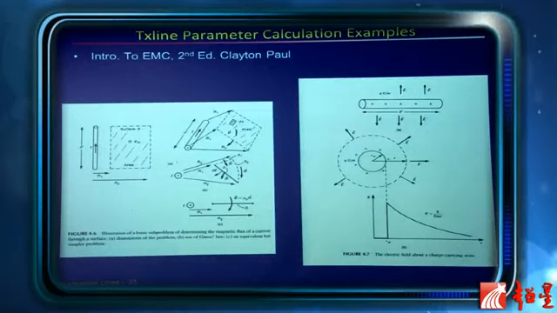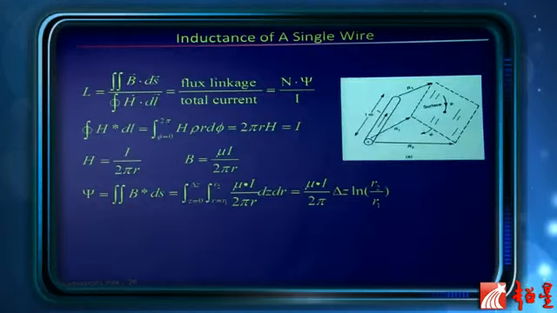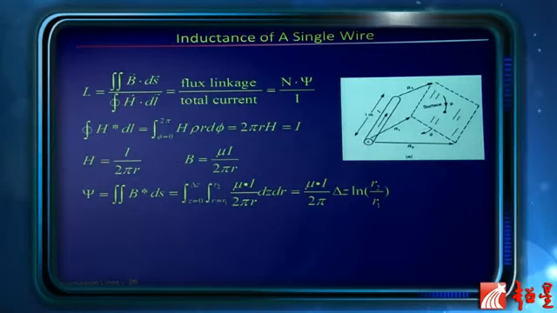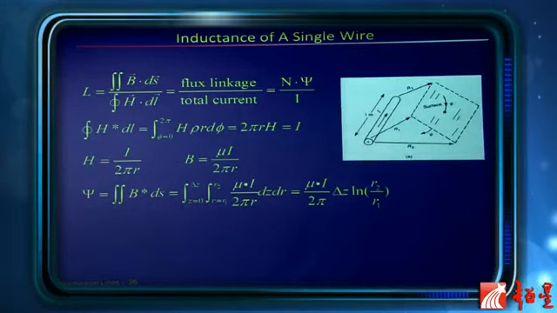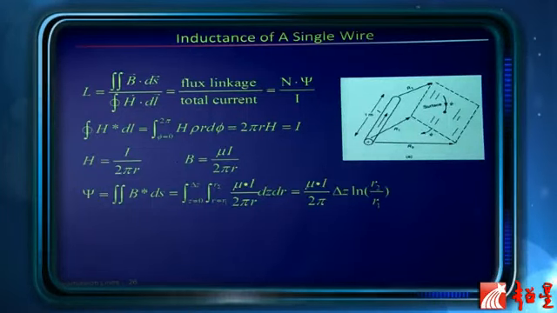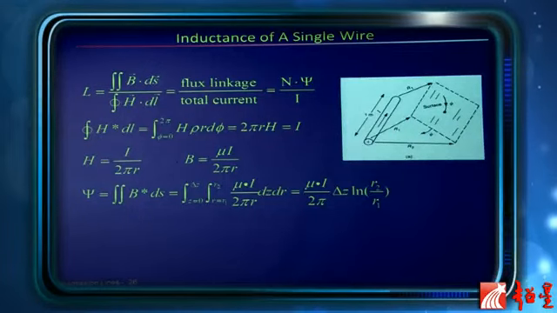The way to do that is a very simple approach, and it uses this starting point. Assuming you have a single line, you can calculate the total flux through the cross section of this single line. Let me draw a picture of this.